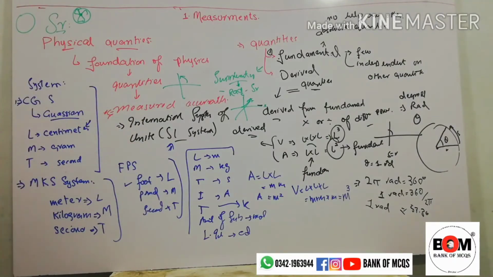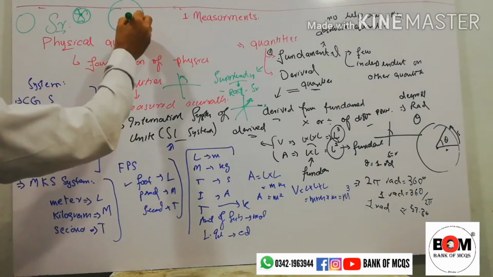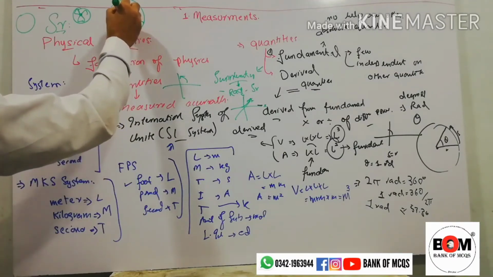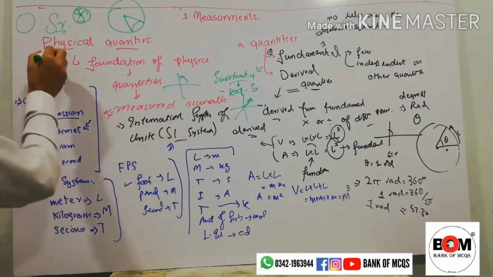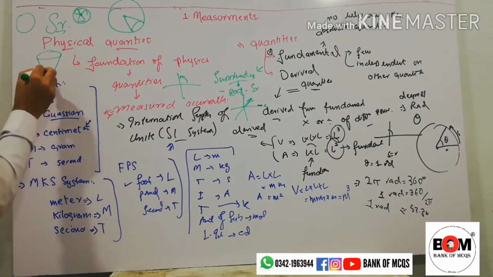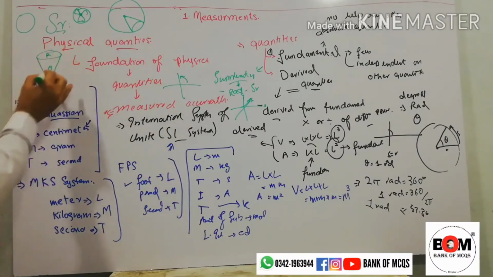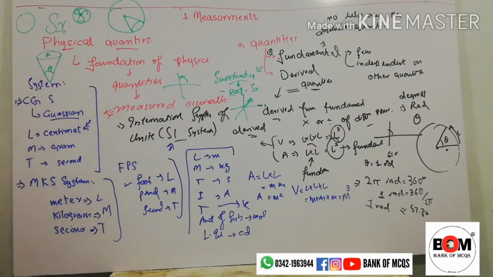So steradian is defined as the solid angle subtended at the center of a sphere by an area of its surface equal to the square of the radius of that sphere. If we have a sphere like this, this is the area which makes an angle at the center, like the area of a cone. So a cone makes an angle theta at the center. So if we draw this, we will get it like this. So this is theta and this is the area.